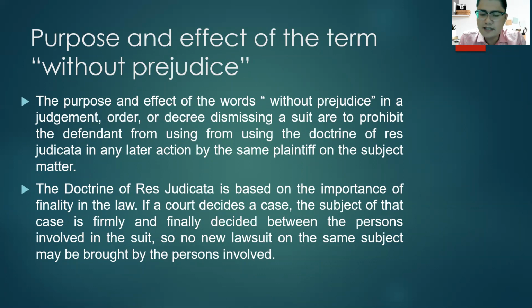Without prejudice gives a balancing. It gives both parties equal terms, because if there were no words without prejudice, if the court could not dismiss the case without prejudice, then the defendant may use the doctrine of res judicata against the plaintiff.